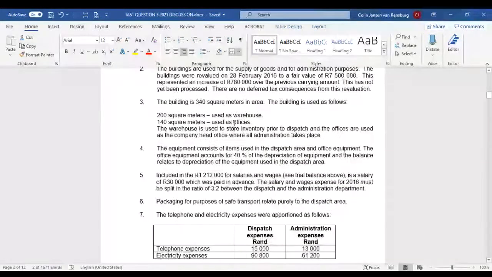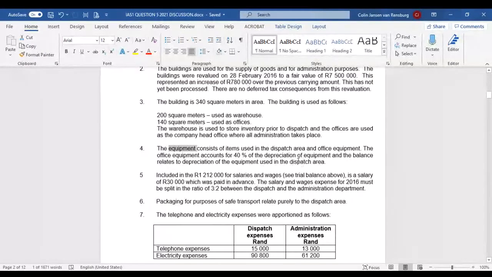Here in paragraph 4, that gives us details about equipment. So they say the equipment consists of items used in the dispatch area and some office equipment. The office equipment accounts for 40% of the depreciation of equipment. That is, in other words, part of our administrative function, and the balance, which is 60%, relates to the dispatch area.